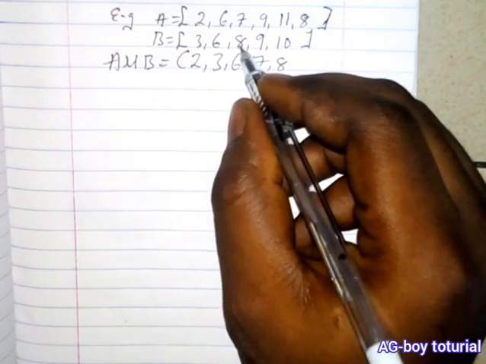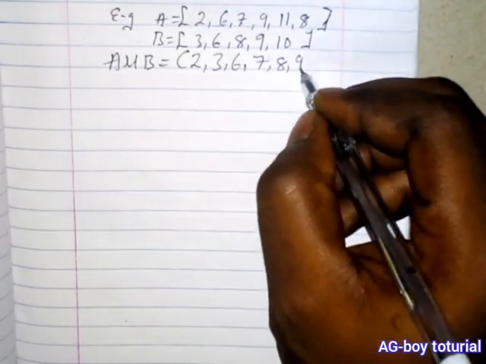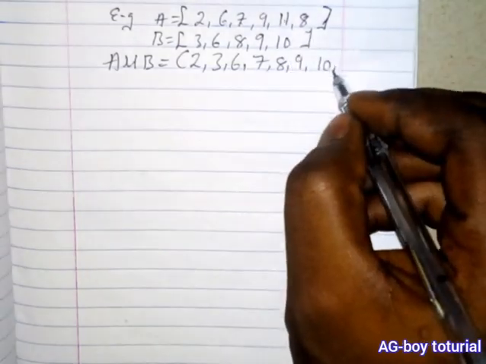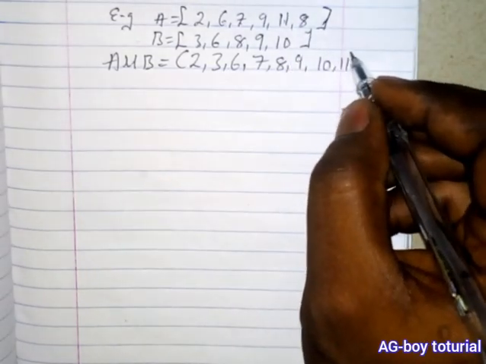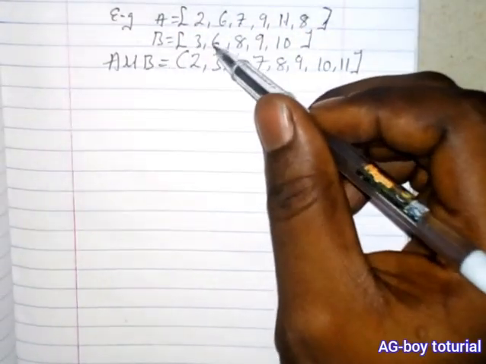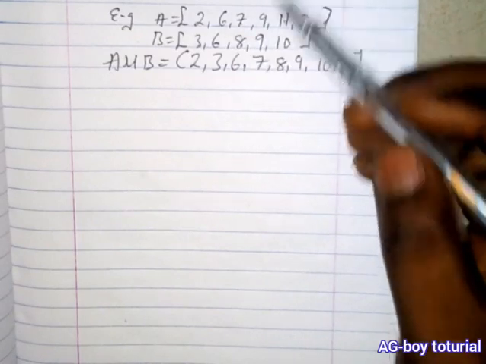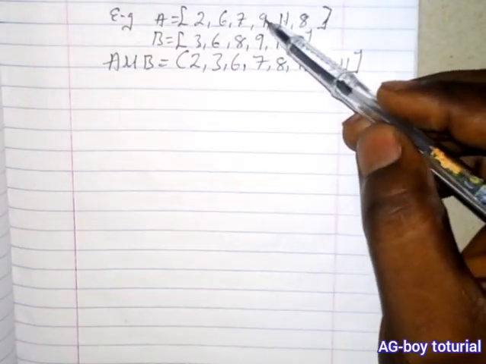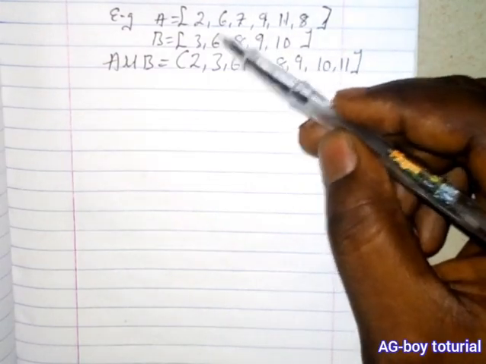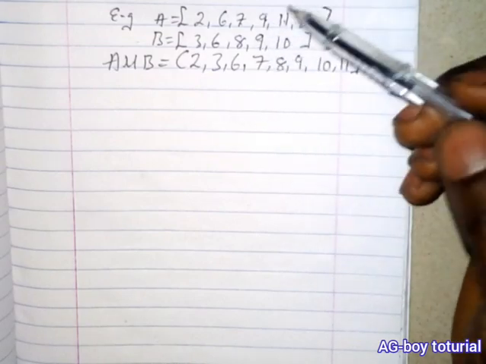We have 8, there's 8 here and 8 here, so we pick 1, and 9, and 10, and 11. So it's the combination of A and B without repetition. Are you getting me? If numbers like 9, 8, 6 appear twice, you have to pick only one.